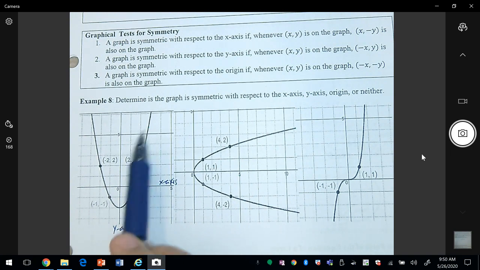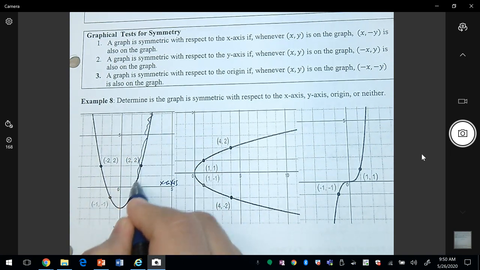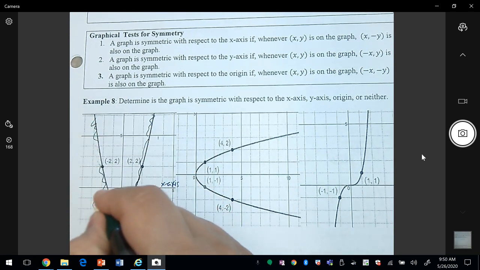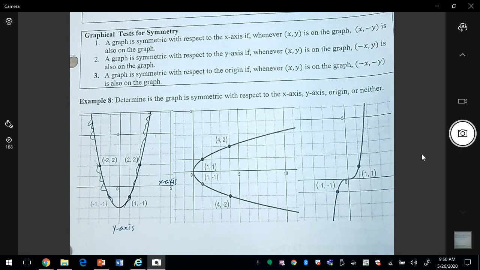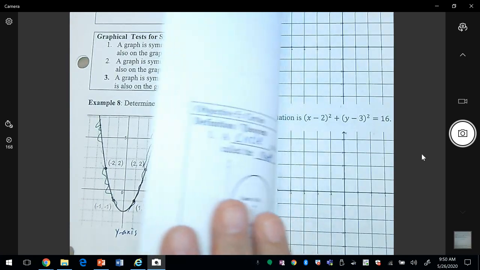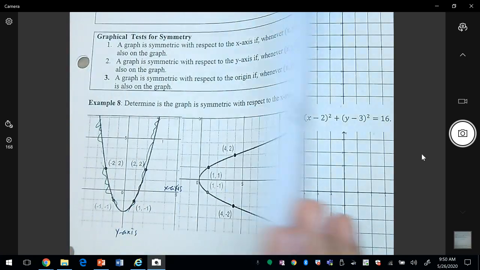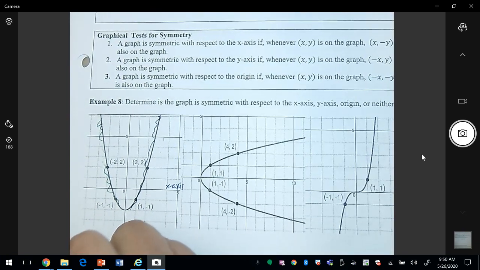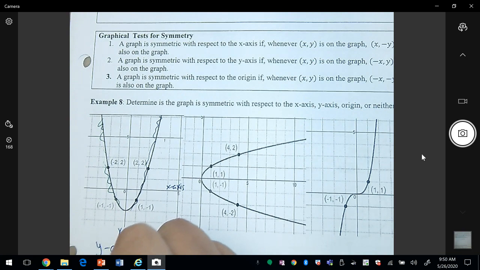Notice that if I fold this graph on the y-axis, this part of the graph would land on top of this one. For the y-axis, we fold our paper the long way. So this graph does have y-axis symmetry.